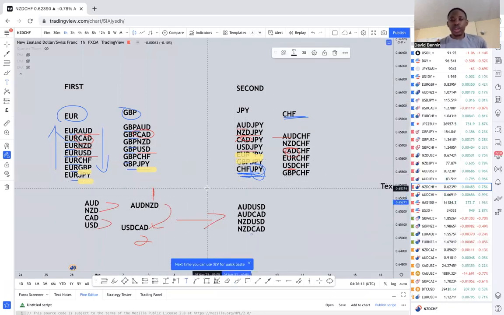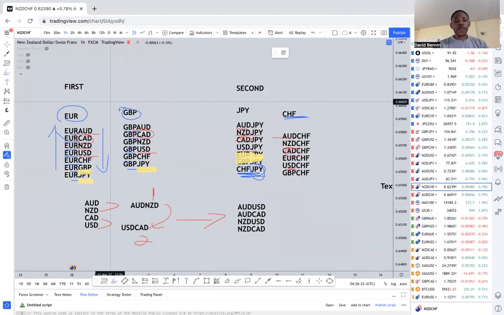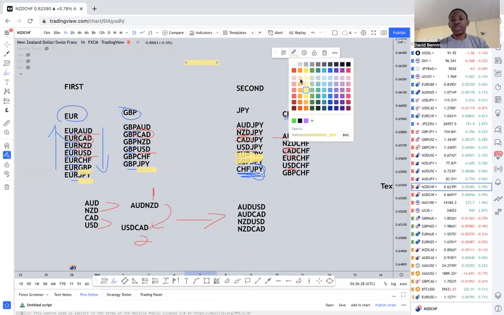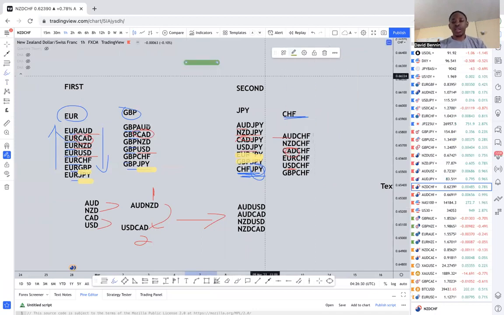So we've already looked at the pairing with the rare currencies or the exotic currency. That is one category of currency. We have what we call major currencies. Major currency is any currency that has the US dollar in it.